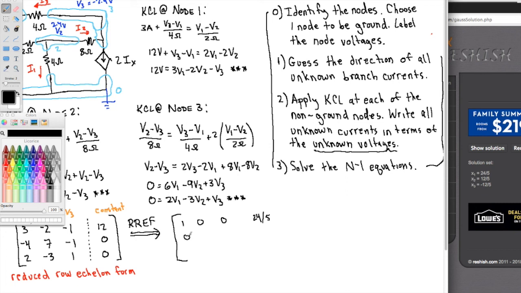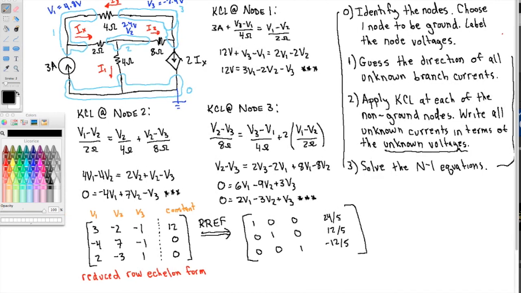Let me just write it down. This is what you would see when you put your matrix into reduced row echelon form. Now, what this means, remember the columns: this was column V1, column V2, column V3, and the constant.